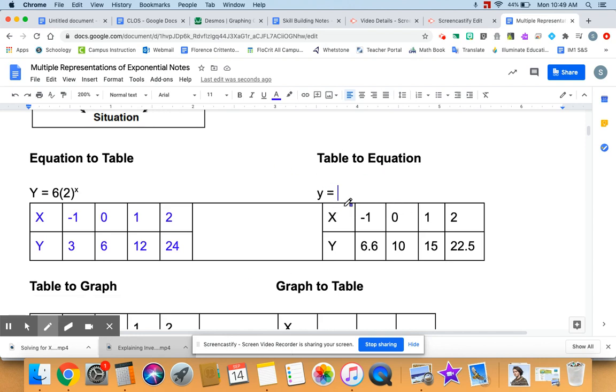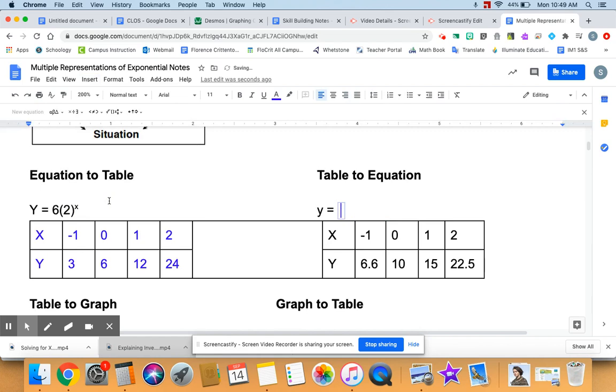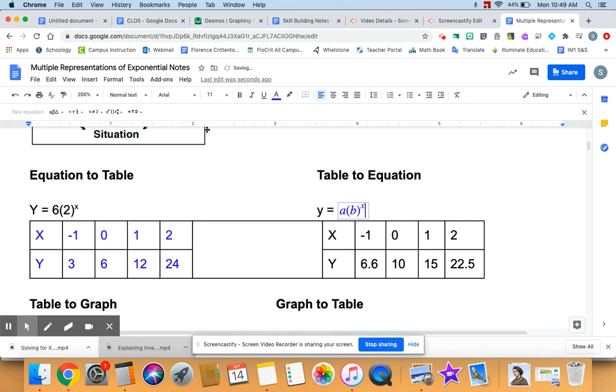Because the first in an equation for exponentials, it's always something like y equals a, parentheses b, to the power of x. And to show you here, this a is your starting amount, meaning when x is 0, the answer, the amount you have after no time has passed, is how much you start with. And that's 6, and that's what went here in the first spot.